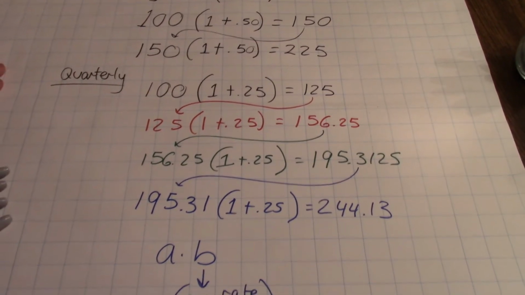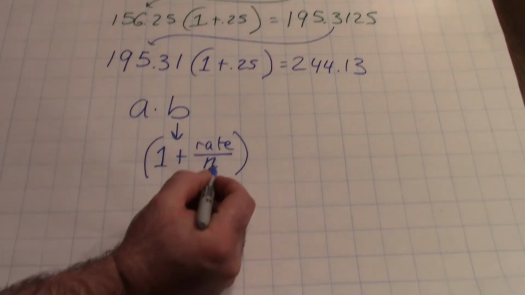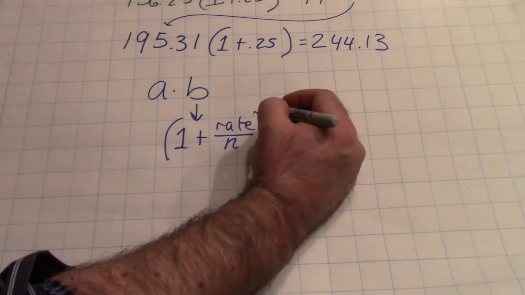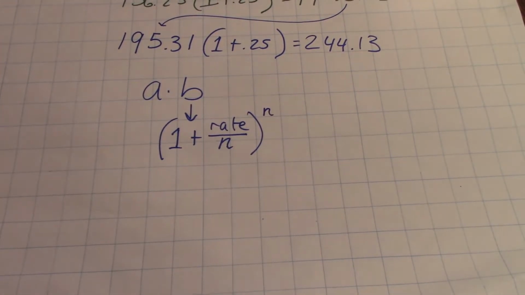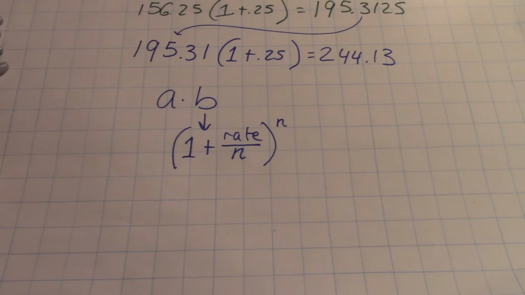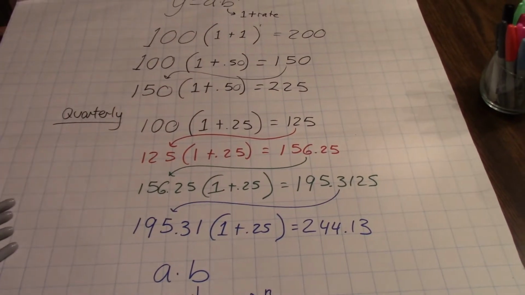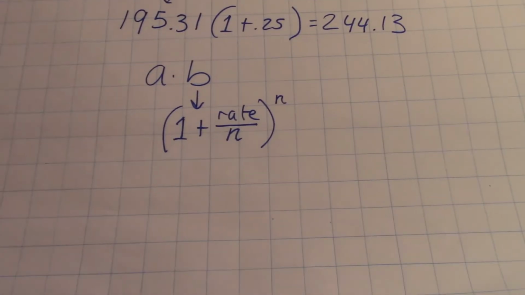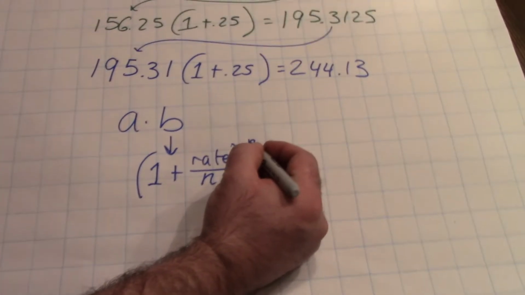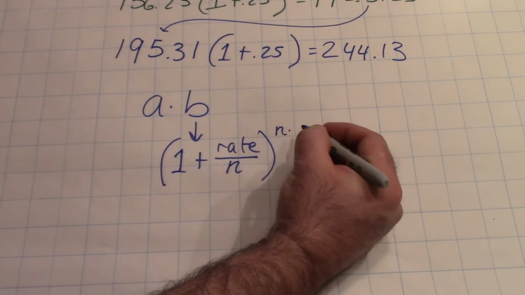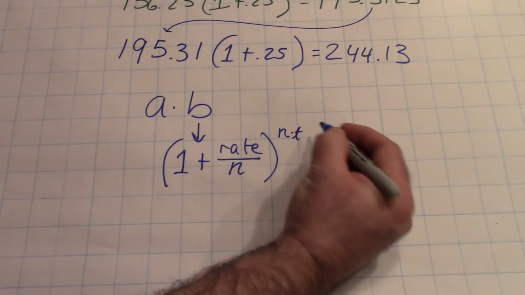So what's going to happen is your n, whatever your compounding is also going to show up in your exponent, because it's going to increase the number of times you compound. Instead of doing it once, I'm going to do it 4 times. And usually what we do here is we say n is the number of times you compound times however many years you go.